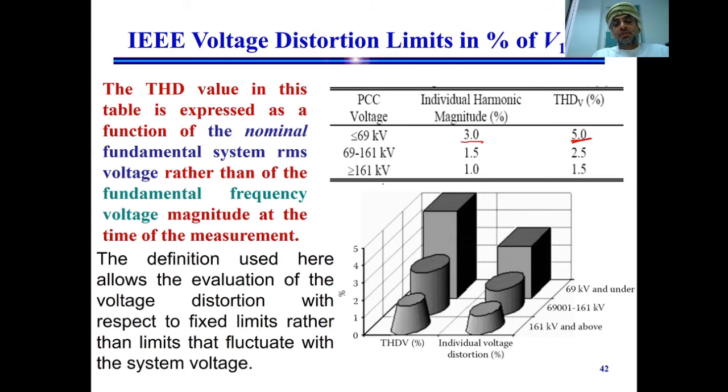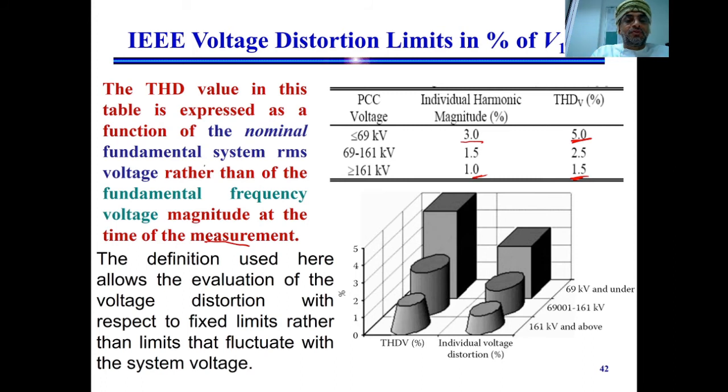Of course, as the voltage level goes up, the total harmonic distortion limit should go down. This is the IEEE standard, and it says that the total harmonic distortion value on this table is expressed as a function of the nominal fundamental root mean square current rather than the fundamental frequency voltage magnitude at the time of the measurement.